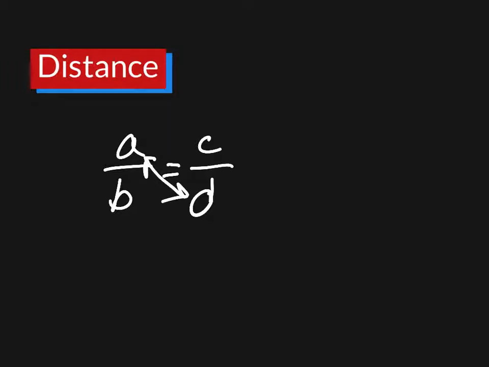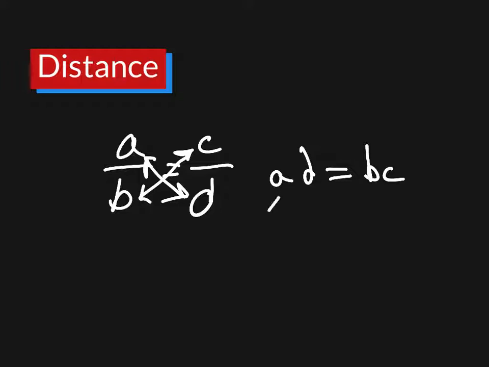Well, if you think about ratio and proportion, you know that if you have two ratios that are proportionate, there's a relationship between them. And if you were to cross multiply like this, A times D is equal to B times C. That's a formula that would show the relationships.